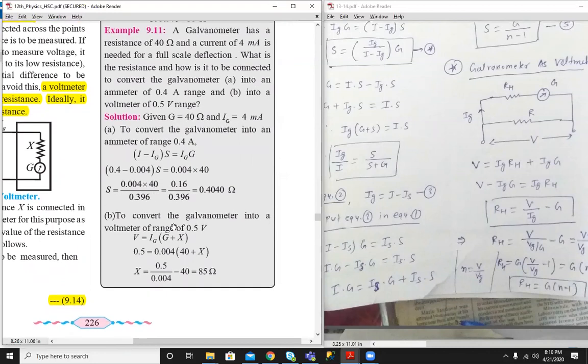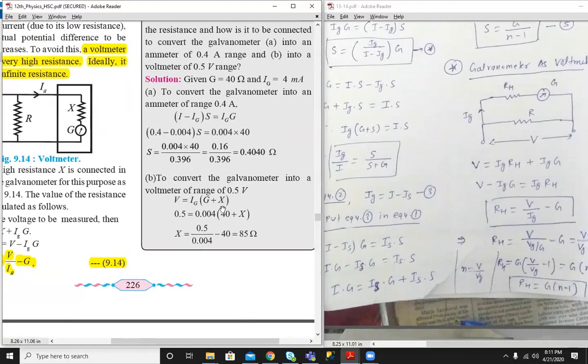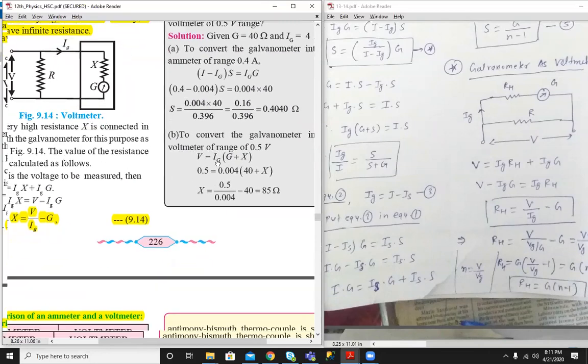To convert the galvanometer into a voltmeter of range 0.5 volt, what is the data given? Required voltage is 0.5, Ig is given. What is Ig? 4 milliampere, and capital G is given. So this is also a simple problem. Just use the same formulas to get the resistances.